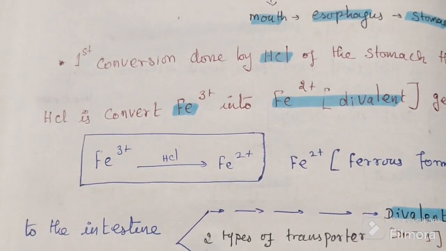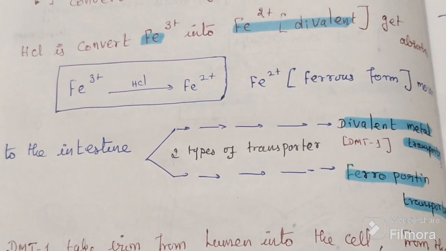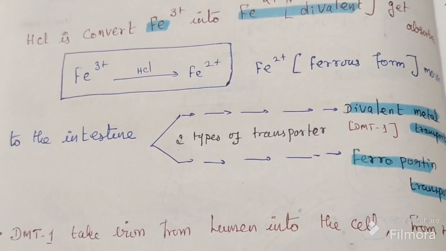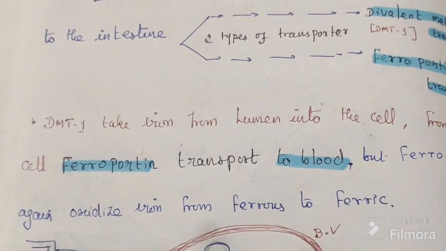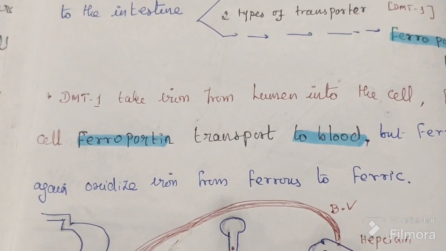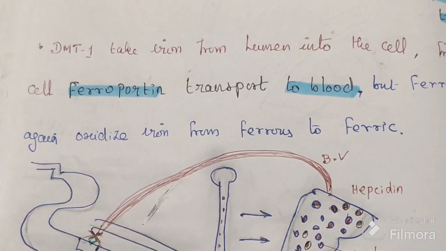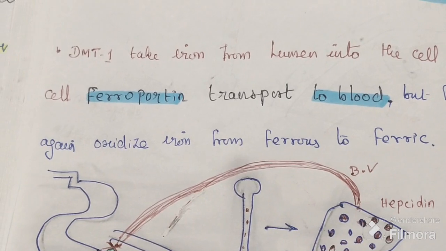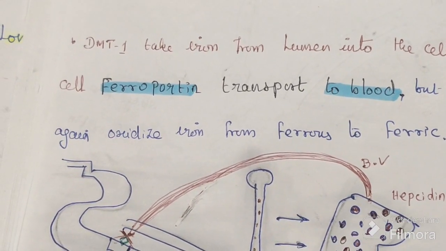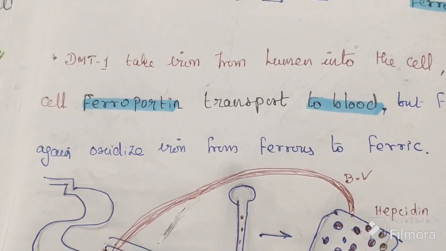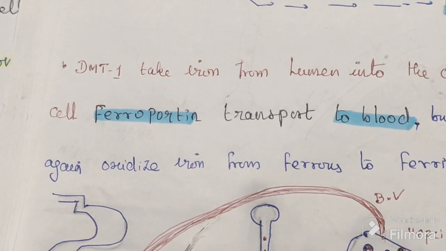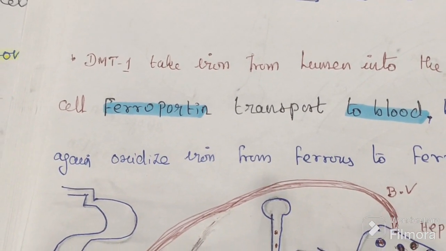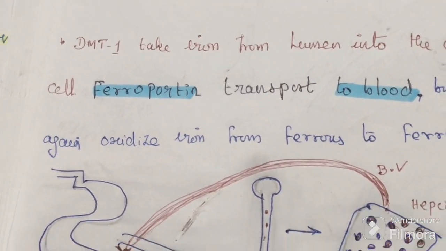Now let's talk about regulation of iron absorption. Sometimes, if we eat too much iron in the diet, the maximum iron will accumulate in the liver in the form of ferritin.